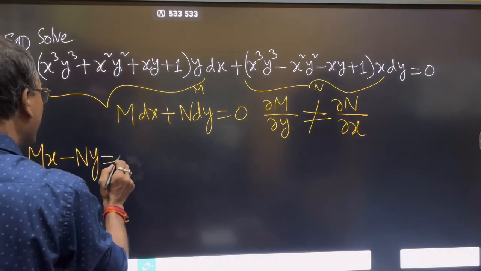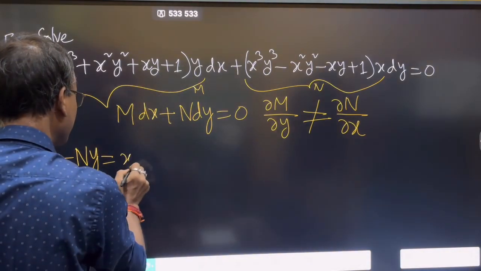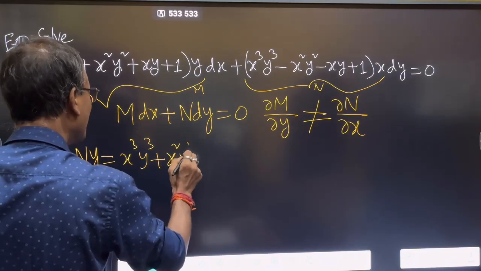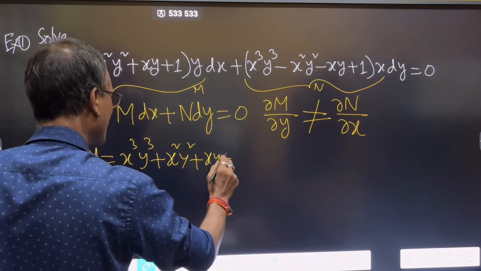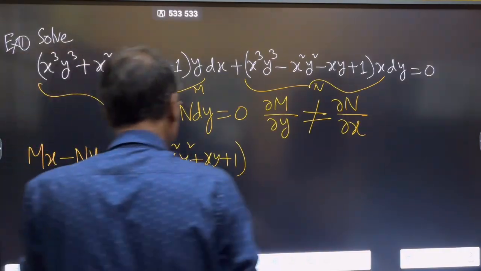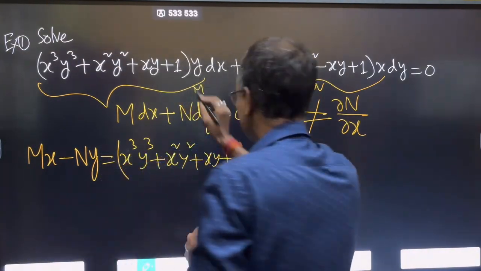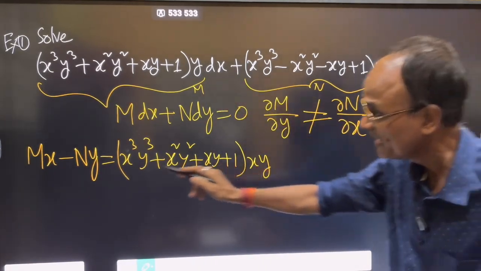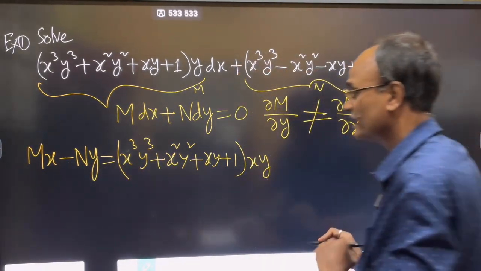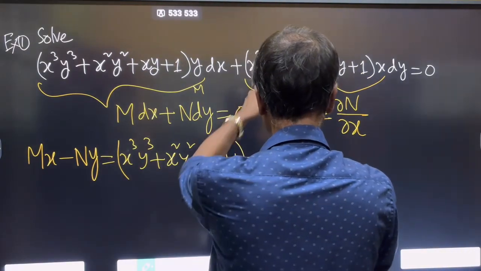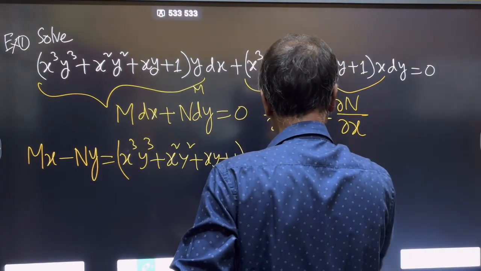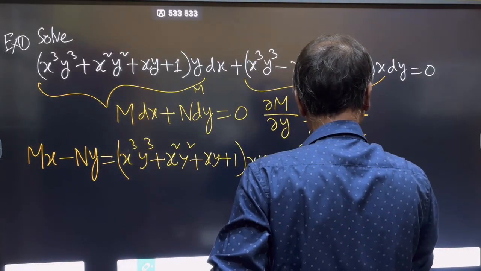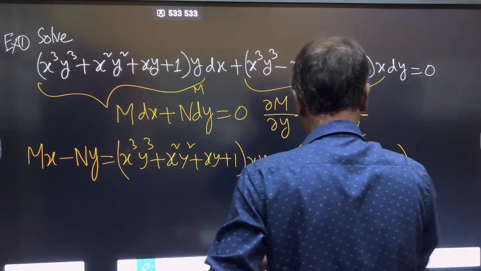Here, Mx is x cube y cube plus x square y square plus xy plus 1 into x. Y was already here, we multiplied by x. Minus Ny, N means x cube y cube minus x square y square minus xy plus 1.